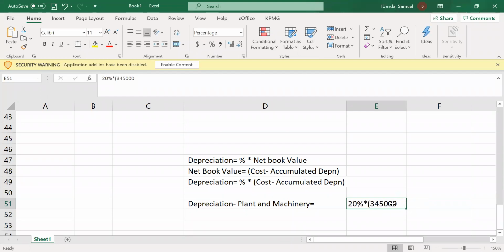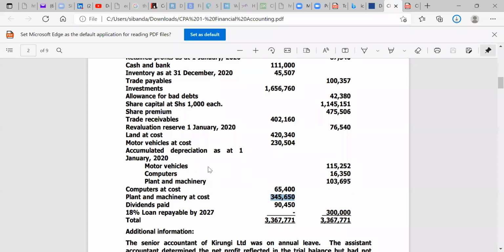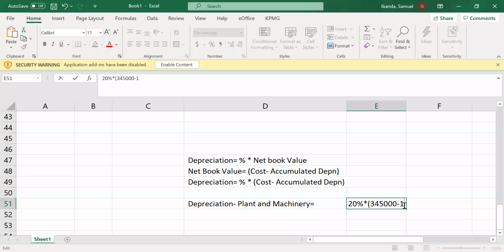Okay, so then I should less what I have as my accumulated depreciation. So my accumulated depreciation for plant and machinery is 103,695. So that is how I get my what?